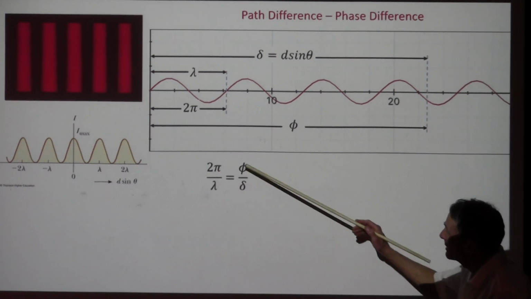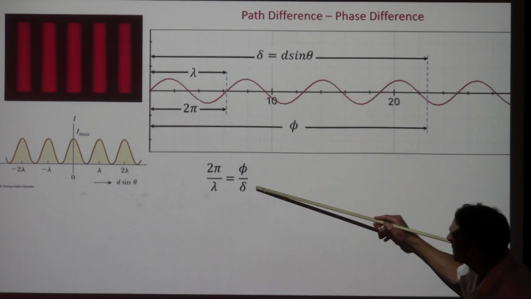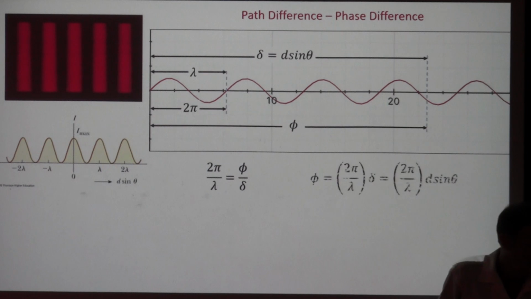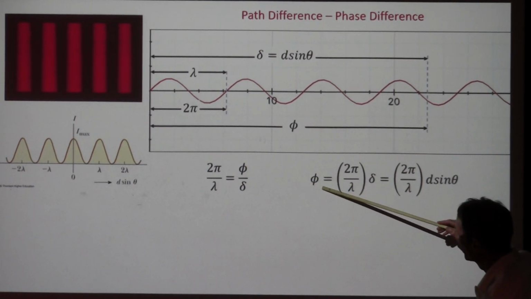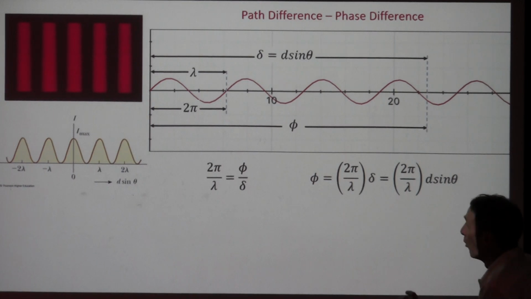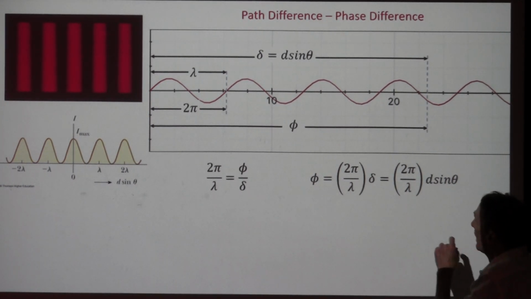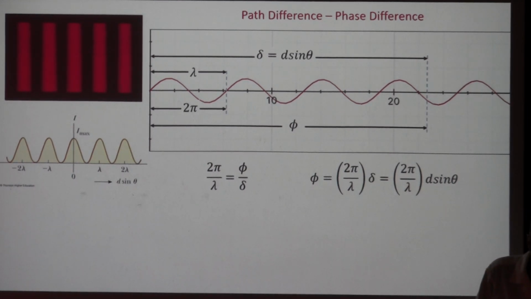So again, 2 pi is to lambda as phi is to del, the path difference. And of course we can arrange things a little bit. Usually we want to know what this phi is. What is the phase difference between these two waves? Just doing the obvious here.